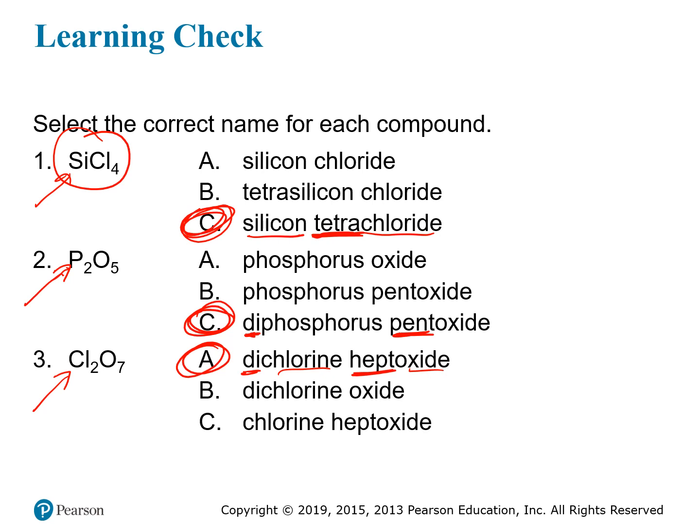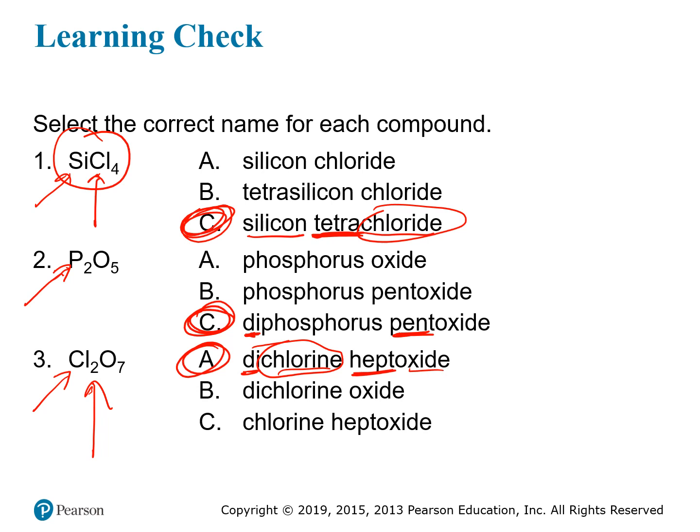Now, there's one interesting thing to note, which is that in this compound, the Cl stays chlorine, whereas in this compound, the Cl becomes chloride. The reason for that is, in the first compound, Cl comes second.